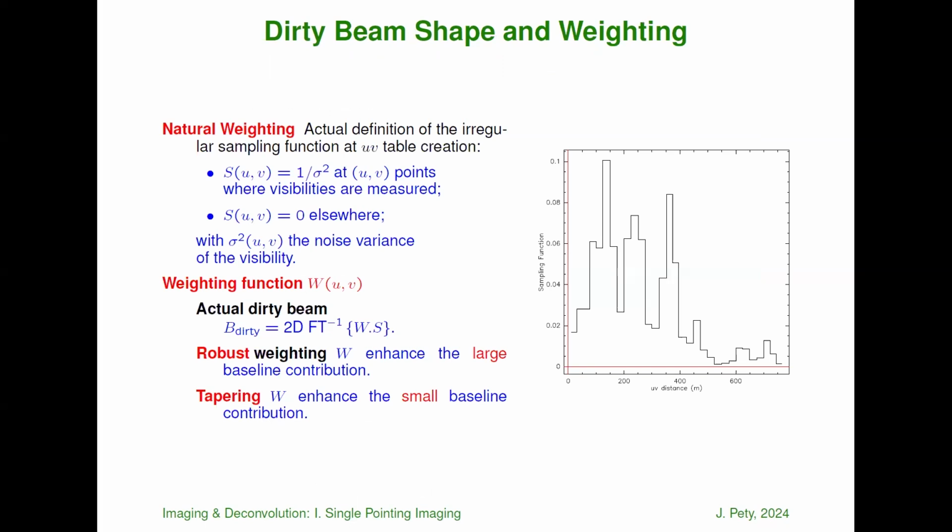So I've told you that the sampling function is one where you have measured visibilities and zero elsewhere. But in fact, that's not exactly what we are doing. We define the sampling function as 1 divided by the variance of the noise for each visibility that is measured, and zero elsewhere.